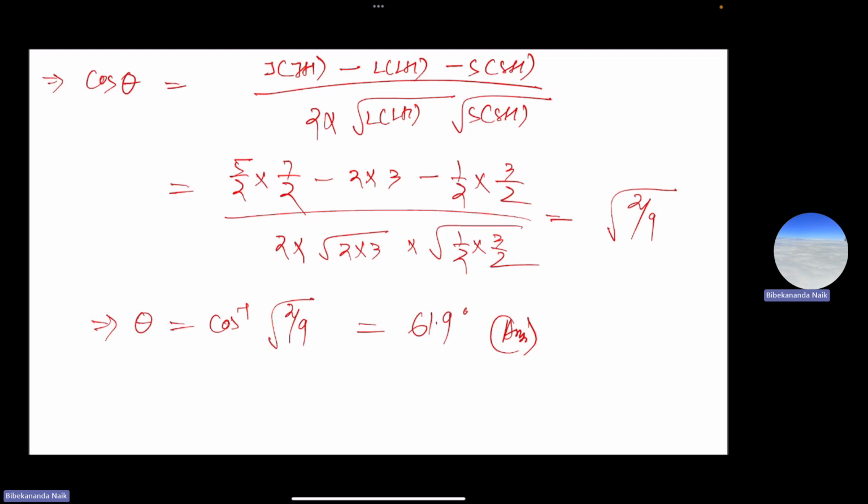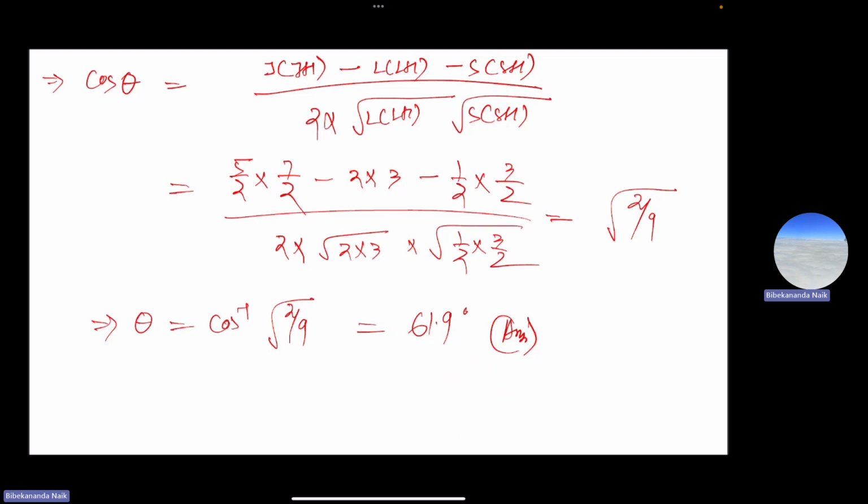Question number 5 says, for a two atomic electron system, the orbital quantum numbers are L1 equals to 1 and L2 equals to 2. Write all possible values of the total angular momentum quantum number J under LS coupling.